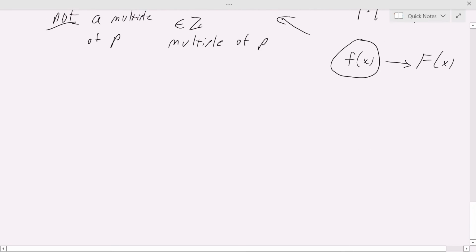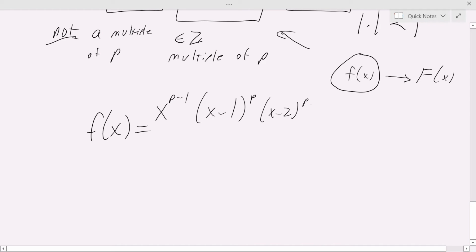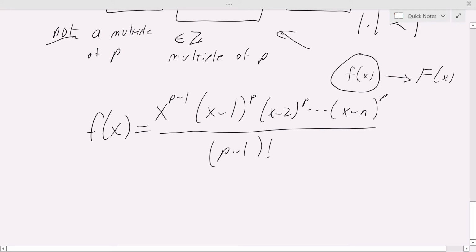But luckily we're not trying to invent this proof, we're just going through a well-established proof, and what's already established is that the polynomial which is appropriate to take is the following: x to the power p minus 1, and more on the number p in a moment, but then you multiply by x minus 1 to the power p times x minus 2 to the power p, and keep going like this all the way to x minus n to the power p, and then all of that divided by the number p minus 1 factorial.